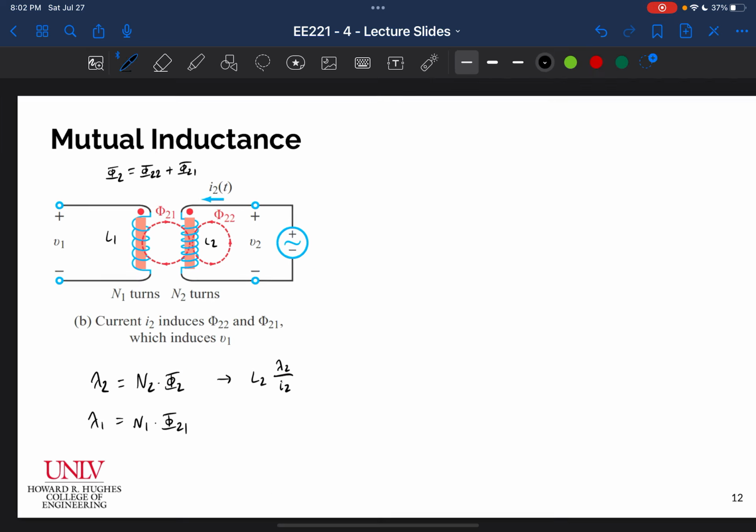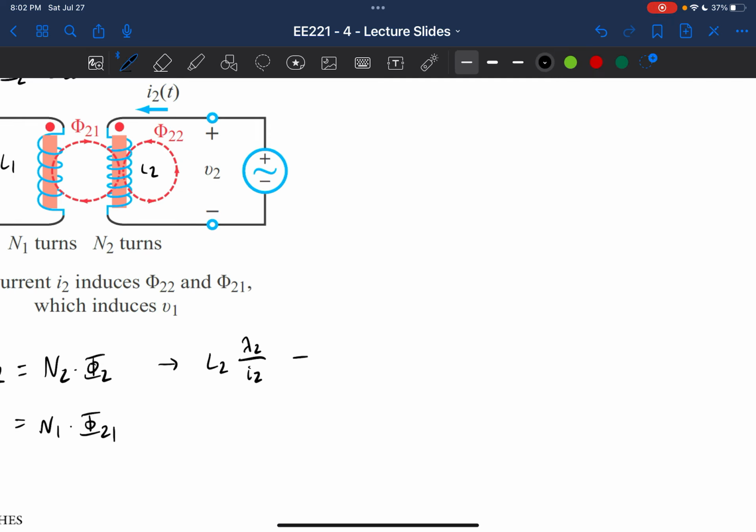Okay? And lastly, we know that the voltage, V2, in this case, is going to be equal to the rate of change of lambda 2 with respect to time. And of course, if we rearrange lambda 2 here, we can get lambda 2 is equal to L2 times I2.